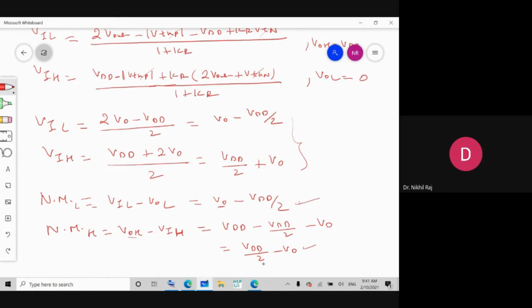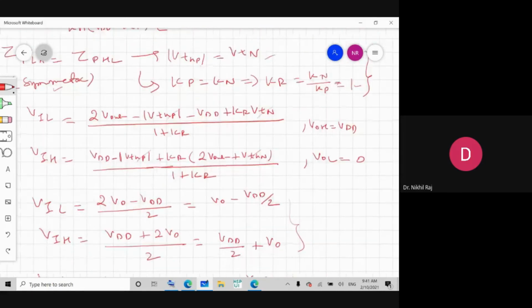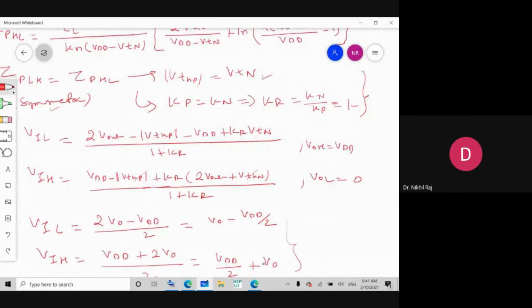And here, with VDD by 2, the other half is shared by logic 1. So substituting these two criteria, same threshold voltage and Kr equal to 1, we are not only getting equal logic swings, but also equal rise and fall time, the equal propagation delay in charging and discharging.